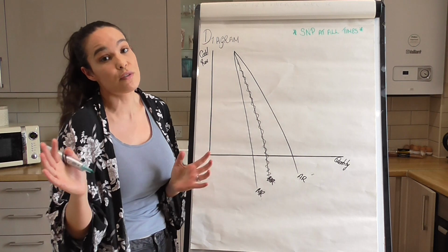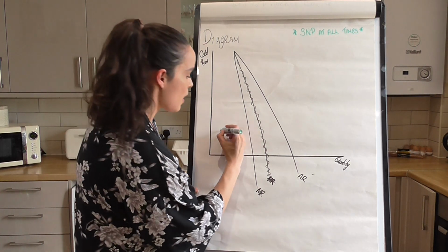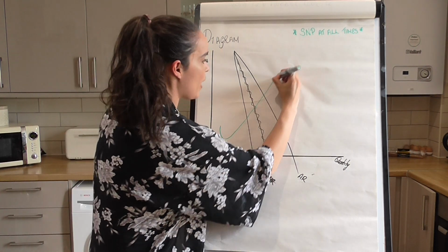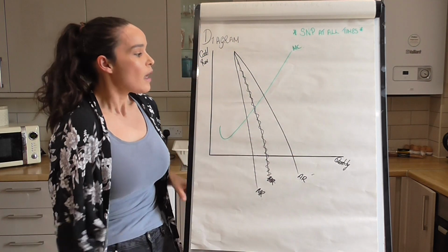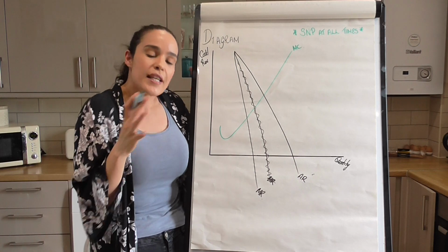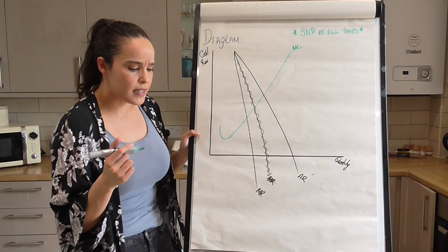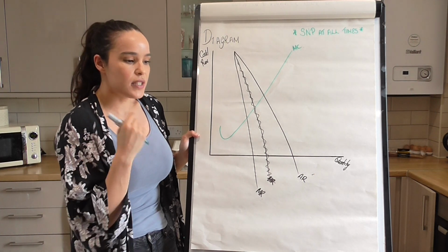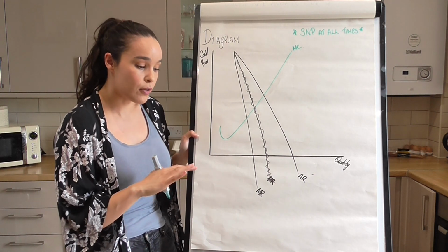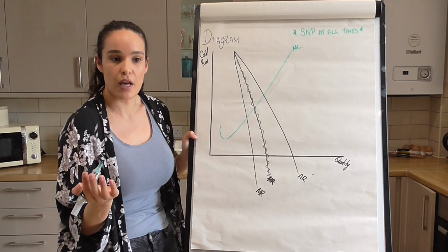That's a common rule across all market structures actually. So I'm just going to draw that here, like that. Average cost. So is our average cost different? And if it is different, why is it different? What's different here compared to a monopolistic market structure?